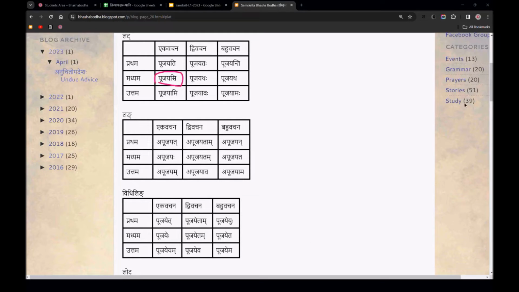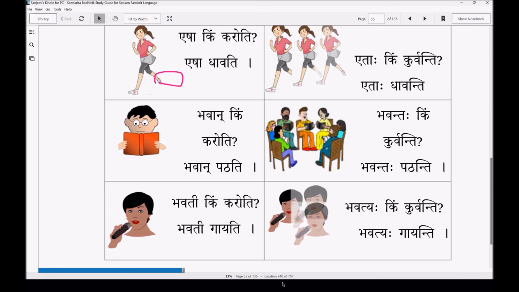But if you use the word bhavan for you, the meaning is same. But if you use bhavan, then you should use the Prathama Purusha form of the verb, not the Madhyama Purusha form. Bhavan kim karoti?